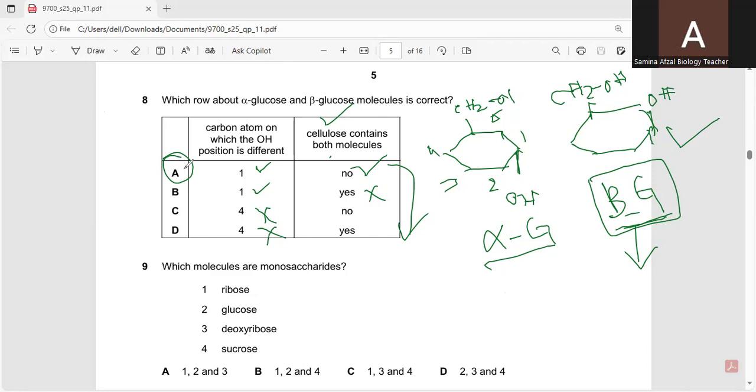Which molecules are monosaccharides? Ribose sugar and deoxyribose sugar, both we call pentose sugars, so they are made up of 5 carbons. And glucose is made up of 6 carbons. So 1, 2, and 3 are monosaccharides.